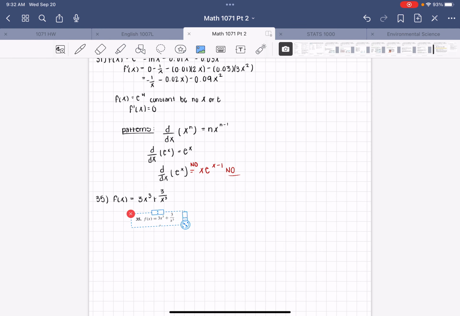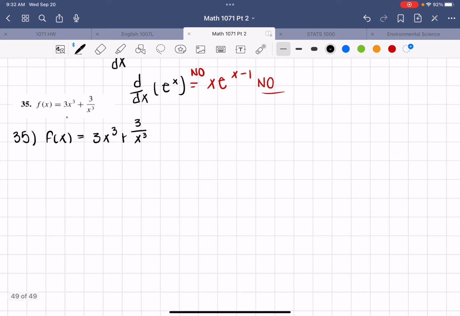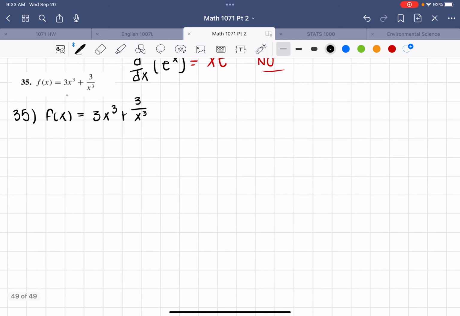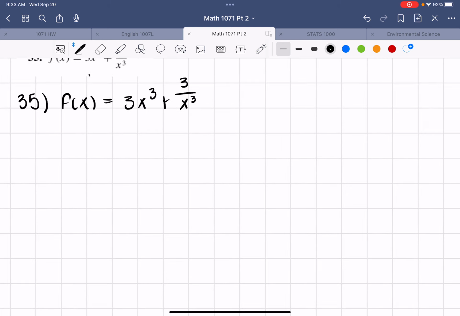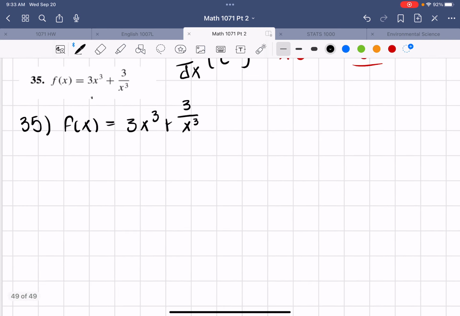If you've got a to the negative 1, that's 1 over a. If you got a to the negative 2, that's 1 over a squared. So here I have 3 over x cubed. The only way to invoke your pattern is to write x to the negative 3 because this works for all n, whether it's fraction or negative.